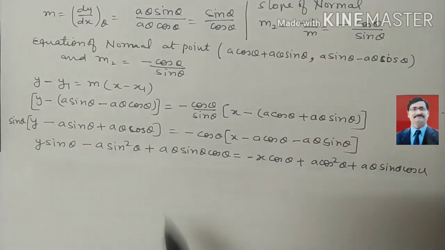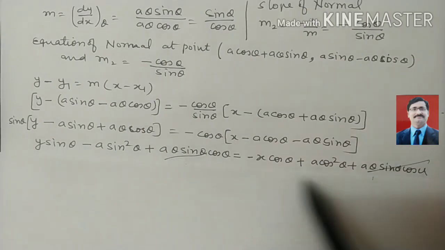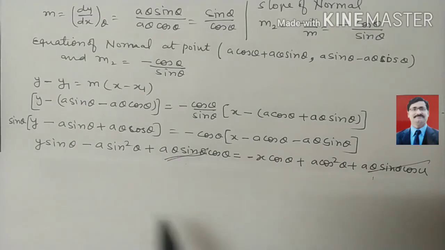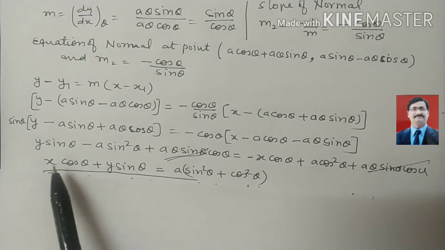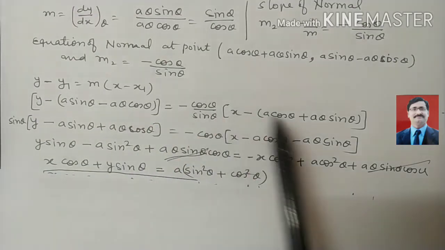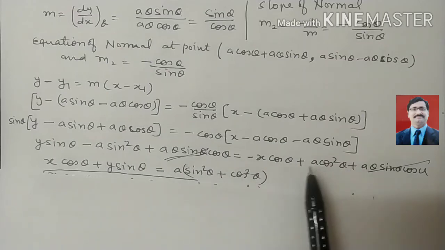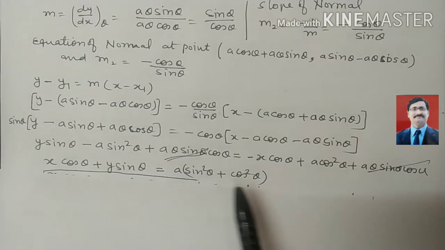Now we can check here a theta sin theta cos theta cancels on both sides. So this x cos theta we transfer to the left hand side, and we get x cos theta plus y sin theta. This also we transfer to the right hand side, so the a cos square theta is already present, and now there will be plus a sin square theta. Now a we take common.